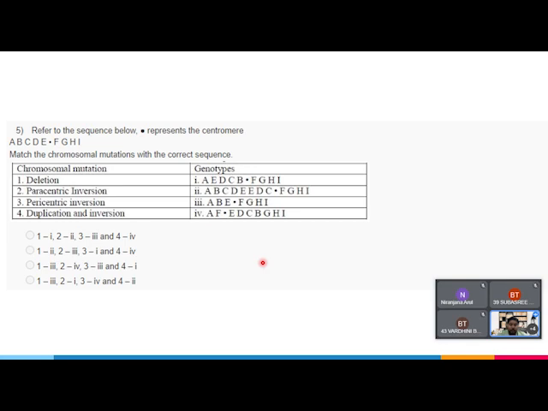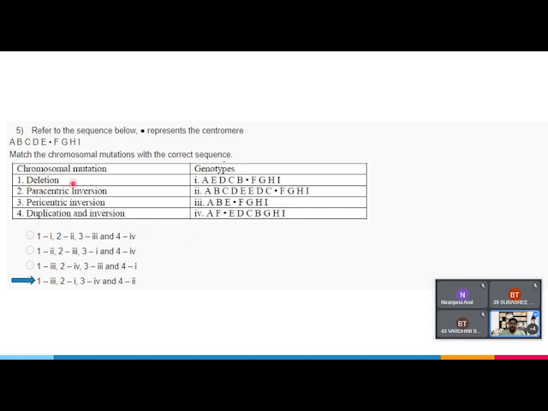So anyone else that wants to try and answer this? Okay. So the options given in the chat are the correct one. That is, it is option D.